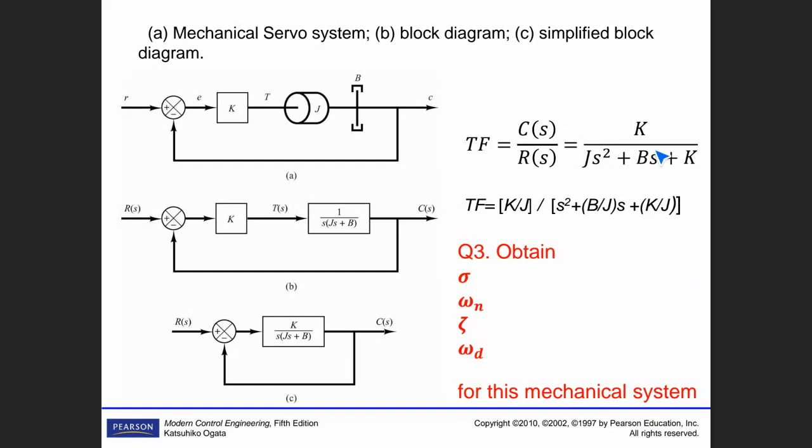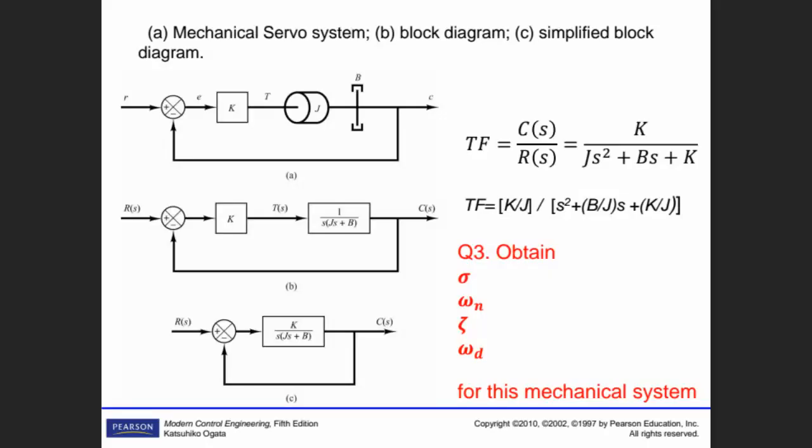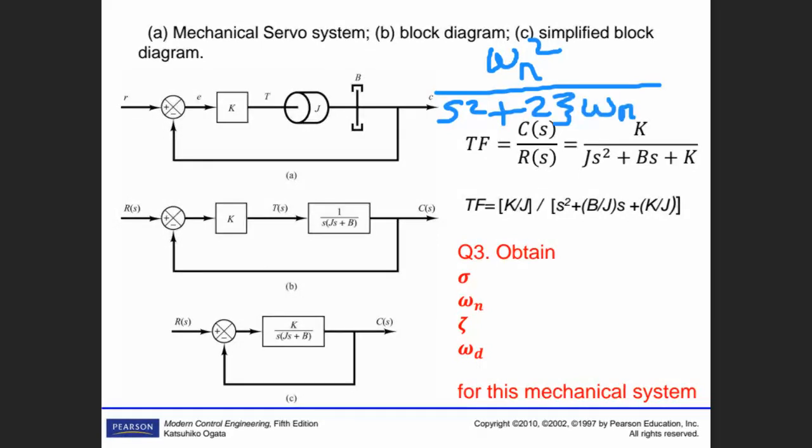So if you look at that one, here is K over G. K over G here is omega n square. So omega n square over S square plus 2 zeta omega n S plus omega n square.